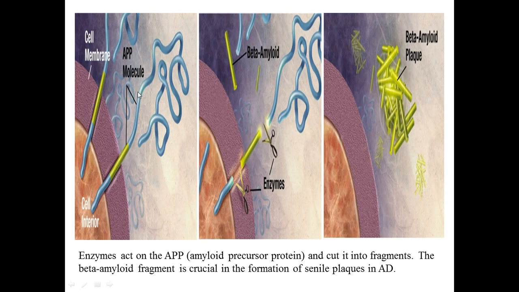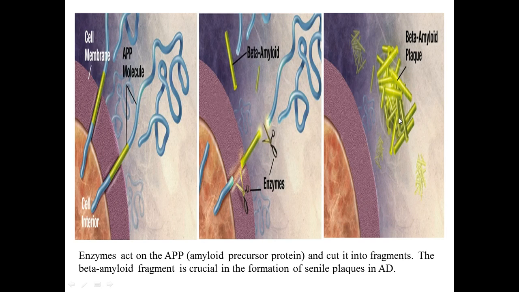These fragments are called beta amyloid fragments. So beta amyloid fragments accumulate around the neuron cell and form a senile plaque.